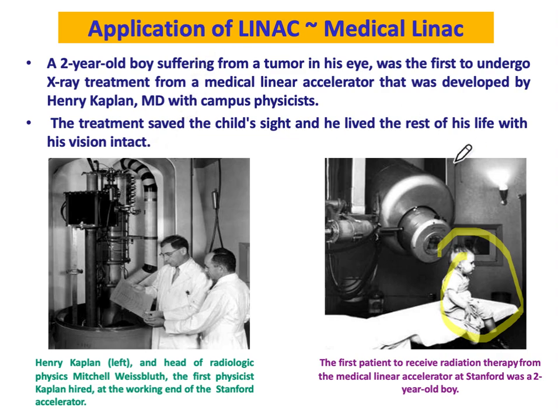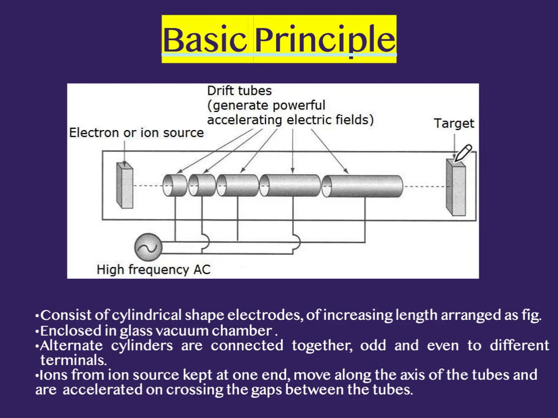Let me go to the basic principle of the linear accelerator used in medical linear accelerators. This is an electron source. We need a source, and it consists of cylindrical electrodes of increasing length arranged in a row, enclosed in a glass vacuum chamber.